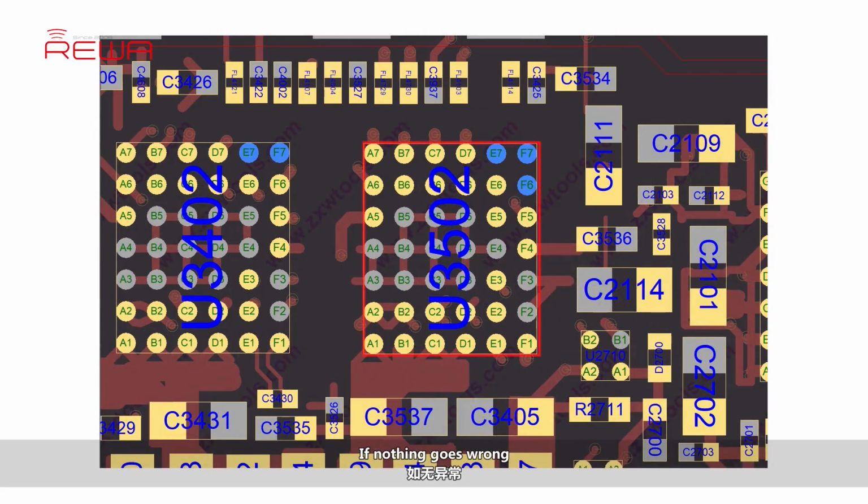If nothing goes wrong, detach U3502 from the board and run diode mode measurement of its bonding pad. If the measured value is normal, replace U3502 with a new one. If the measured value of one specific pin is abnormal, check relevant circuit of the pin.